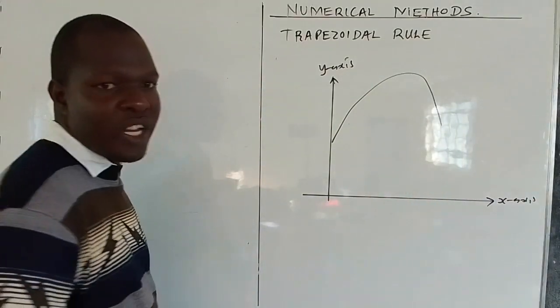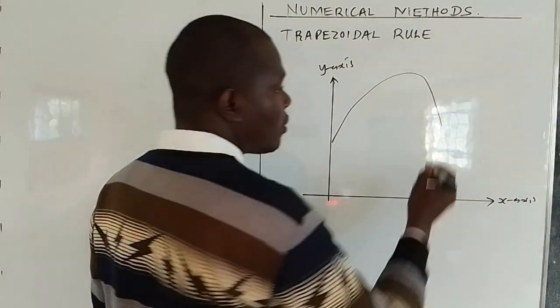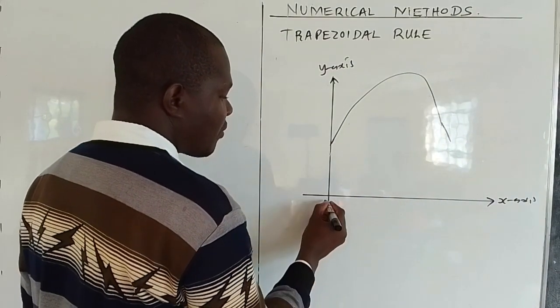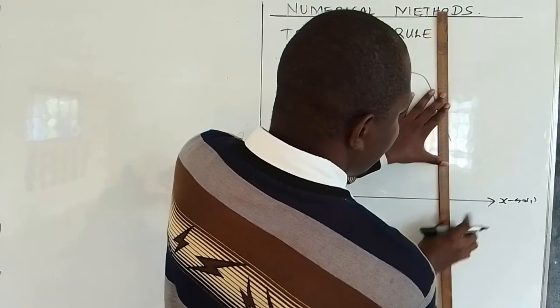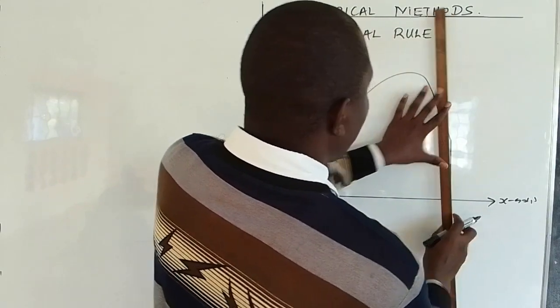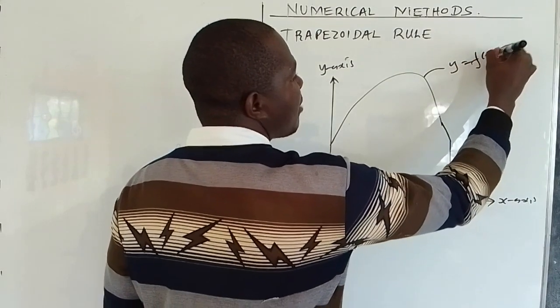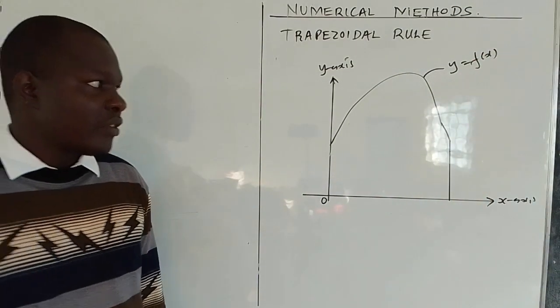I want to approximate the area up to that point. If I start from here and head here, then this is my curve.